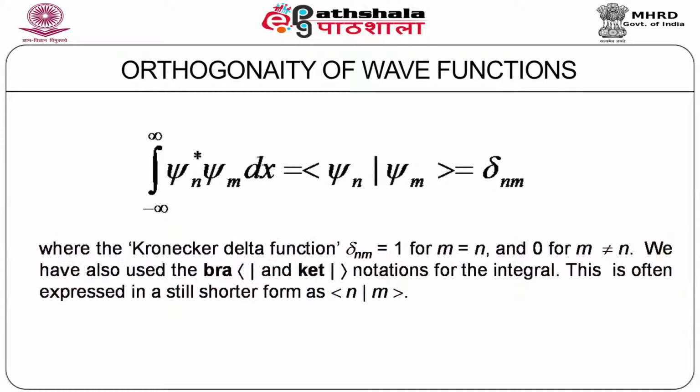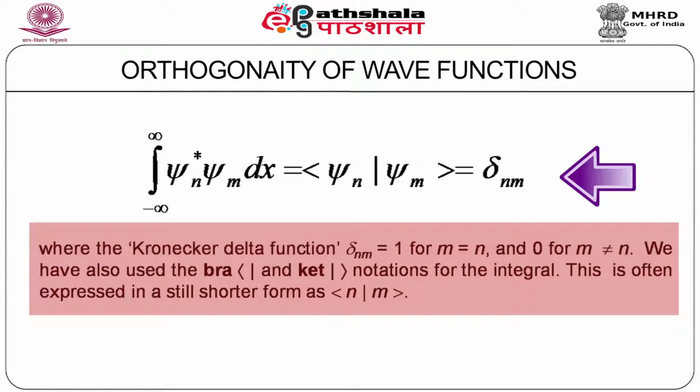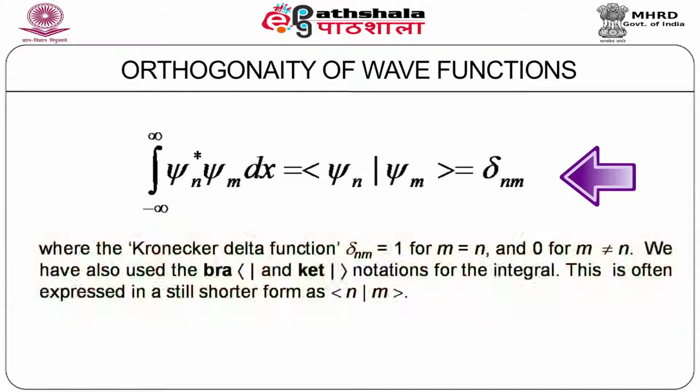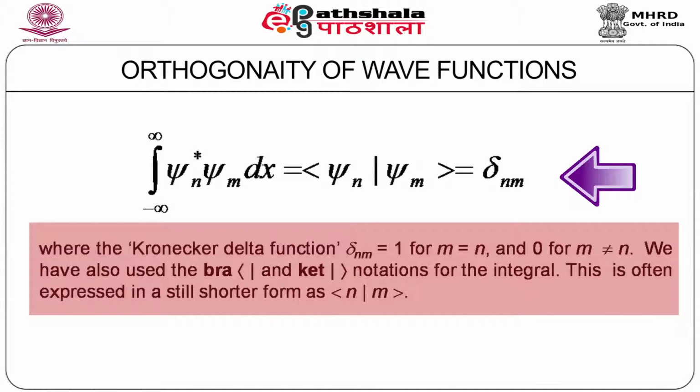This integral has been expressed as psi n, psi m within brackets. This is a conventional way of representing the integrals, as we have used the bra and ket notations. So when you see psi n and psi m within a bracket like this, it means that this is an integral where the first quantity psi n has to be starred, that is, the complex conjugate, and then psi m is unstarred, assuming that both are complex quantities.